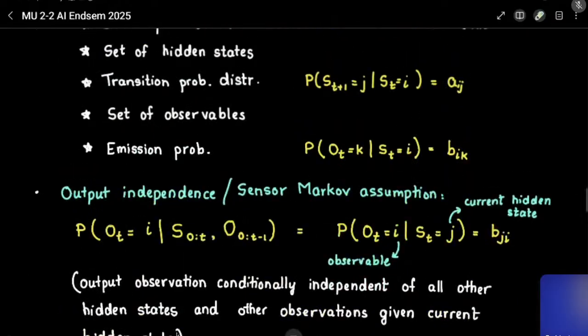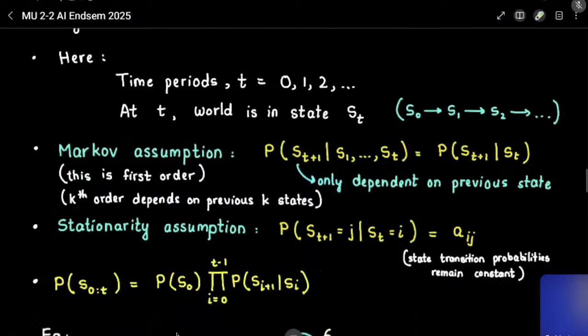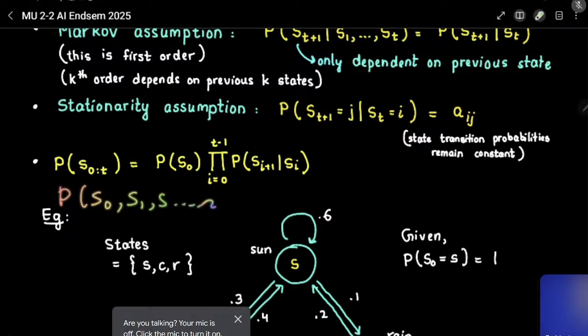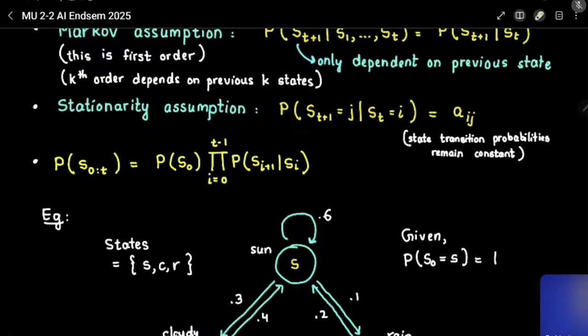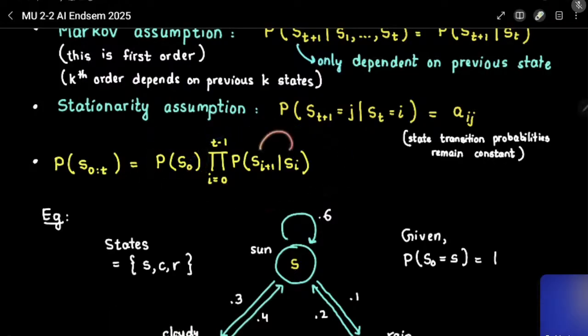If you look at a Markov model, you have something that looks like this: the probability of all the states, state 0, state 1, and so on until state t, is given by the initial probability times the product of all transition probabilities.